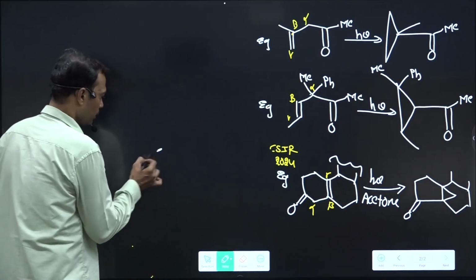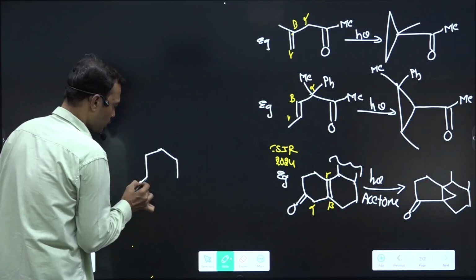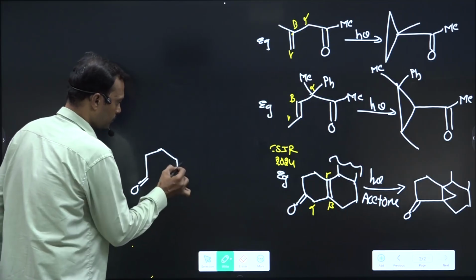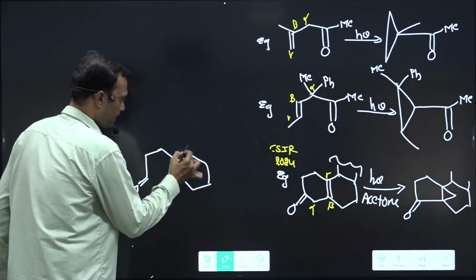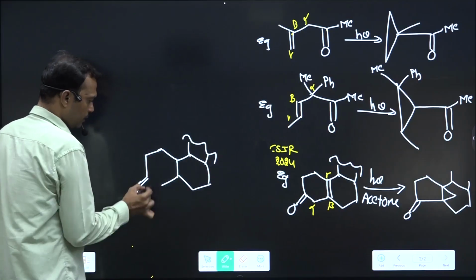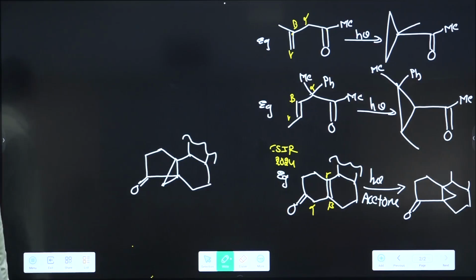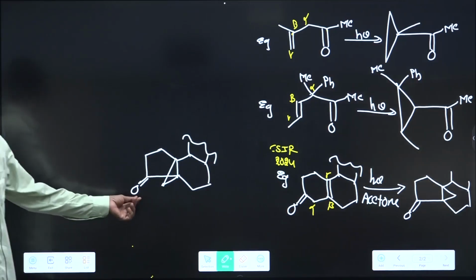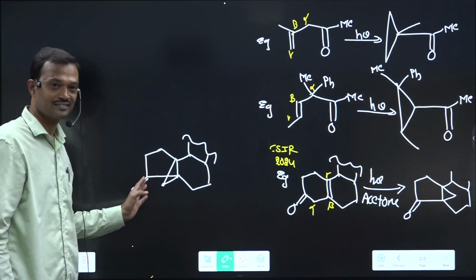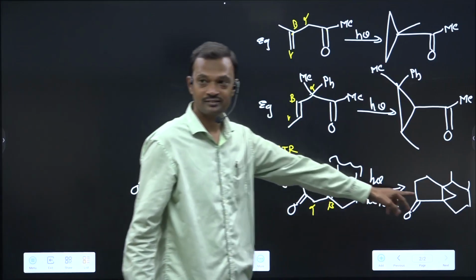Generally you will write like this and you won't know what to do. How to write this? See, you will join this, same answer. But in exam they won't give it like this. They will give a convenient structure.